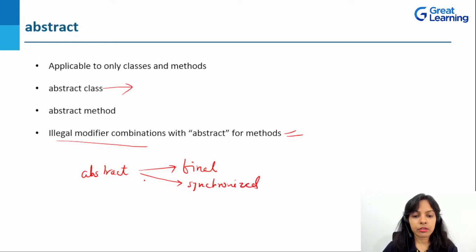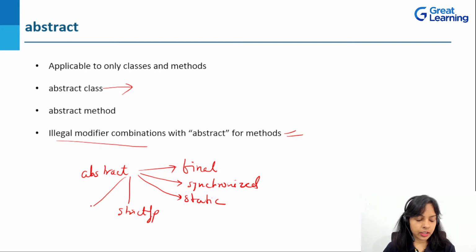I will tell you in some time. You cannot use static as well, and you cannot use strictfp, because in this some methods will be abstract. Final, synchronized, static, strictfp.